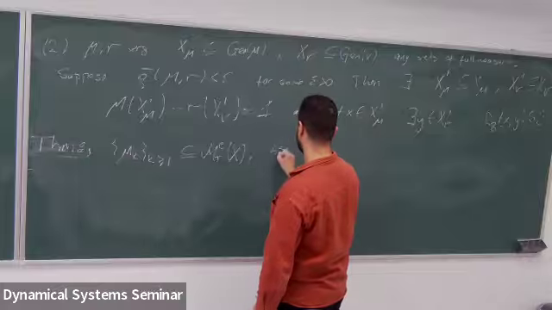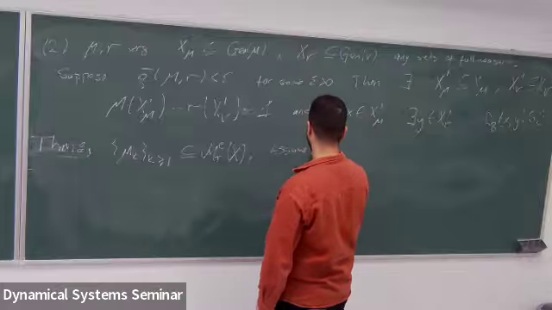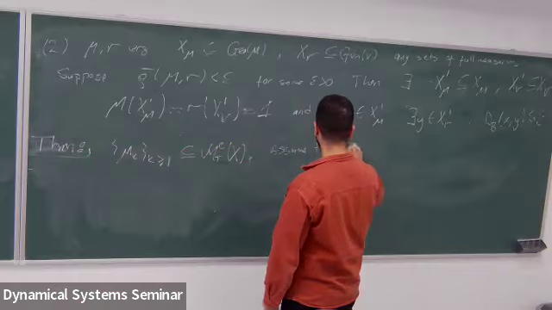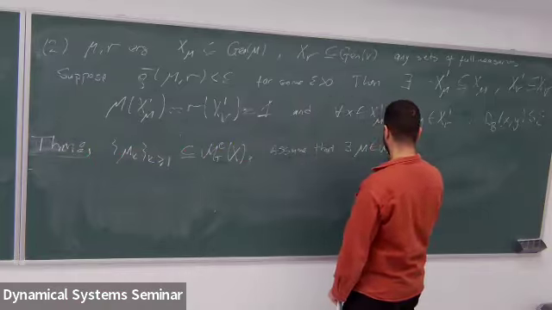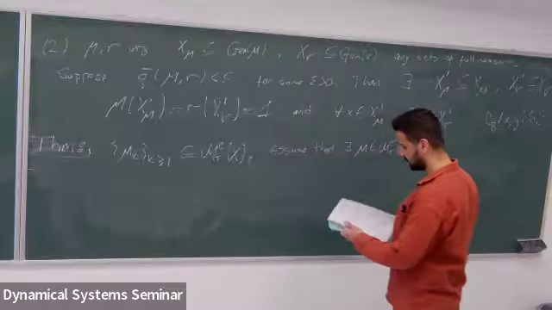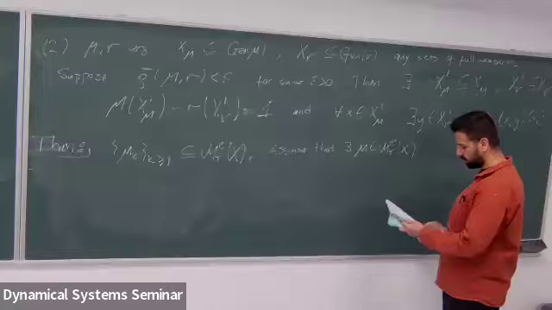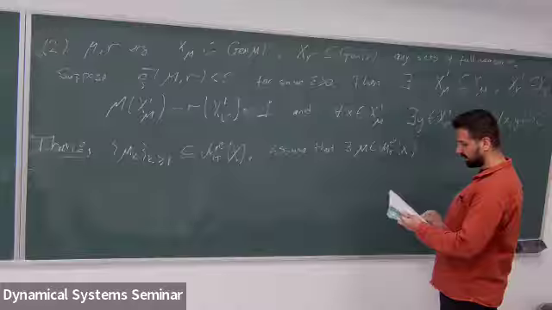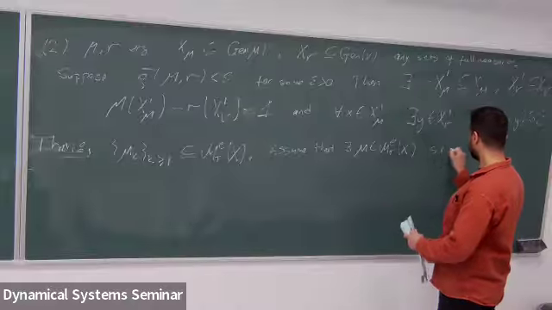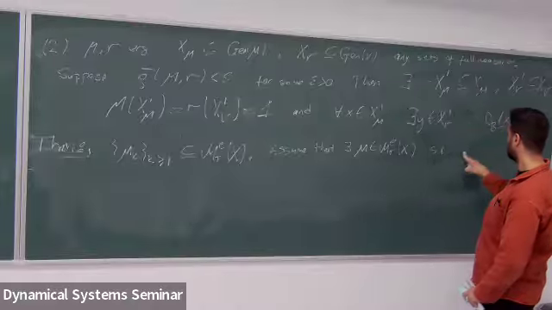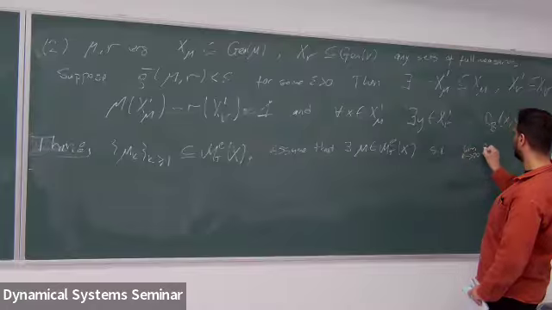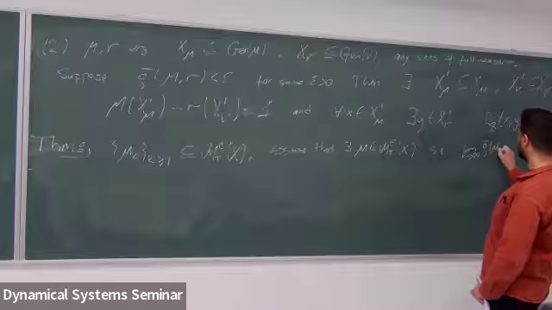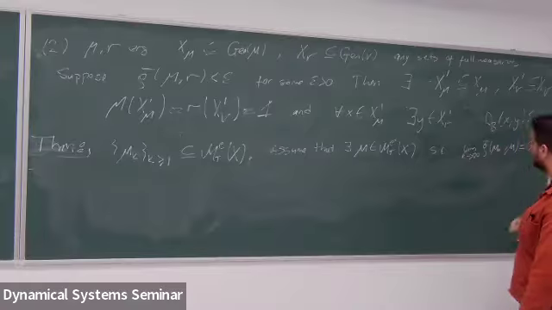Assume that there exists an ergodic measure mu in X such that the sequence converges to mu in the rho bar metric.